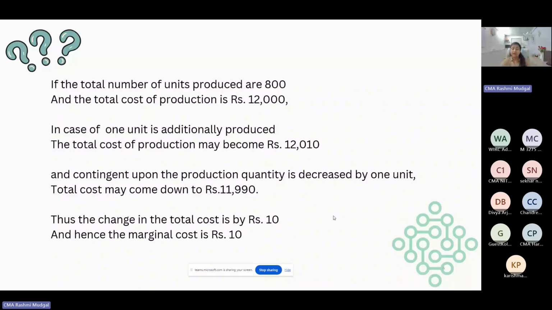Again, in the second scenario, the production quantity is decreased by one unit, so the total cost may come down to 11,990. Thus, the change in total cost is rupees 10. In both cases, increase and decrease of the quantity of production, the marginal cost is rupees 10. So is there any problem till now in the marginal costing?